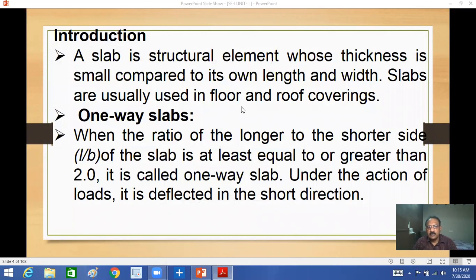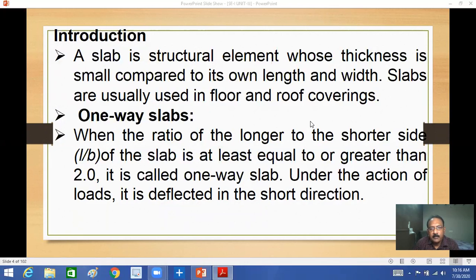Okay, first of all, whenever you go for an interview, the examiner will ask you, just looking at this room, what is this room?